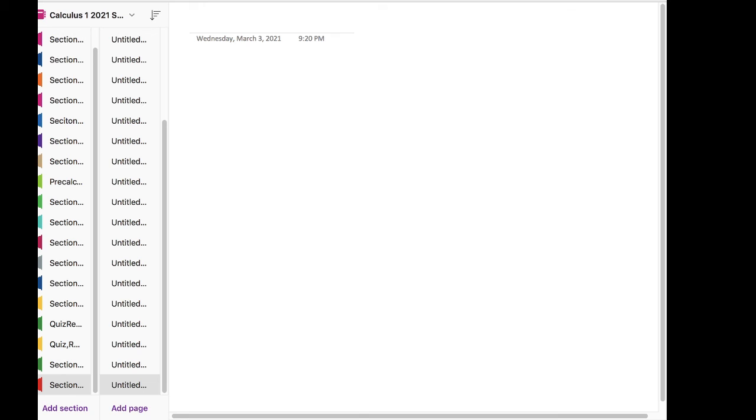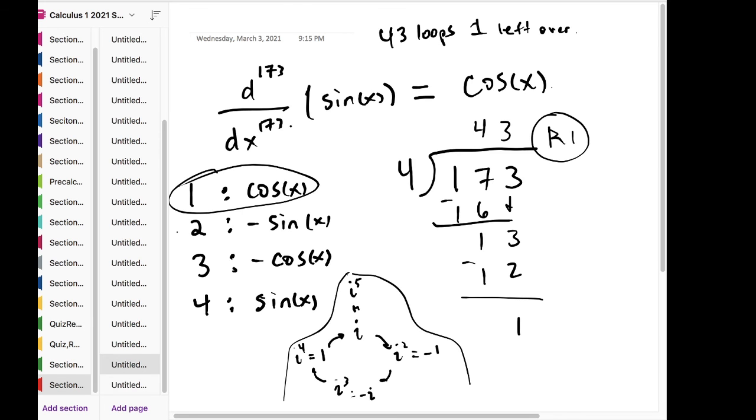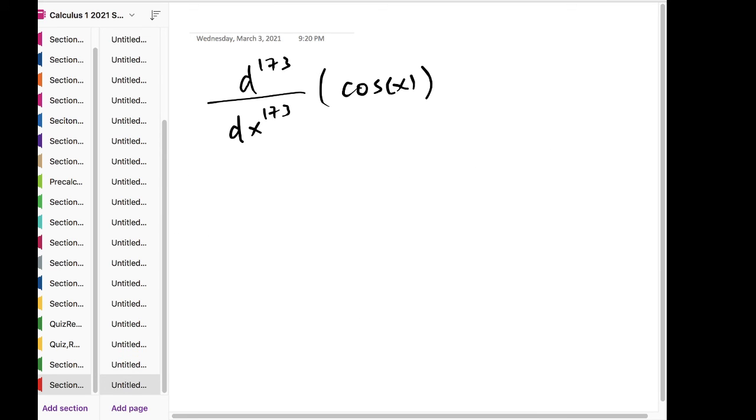Okay, so let's do the same thing for cosine. Do I have to find a whole other loop for cosine? Why or why not? Do I have to loop all over again to determine the loops of cosine?